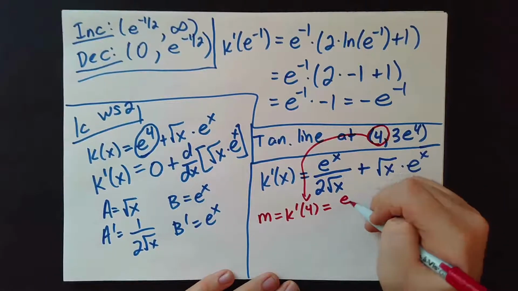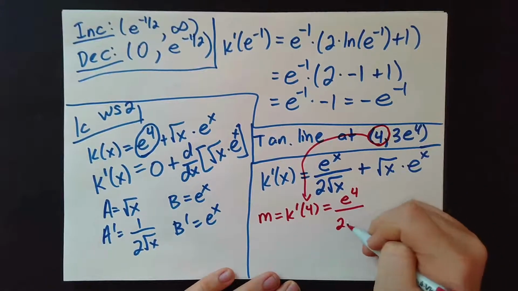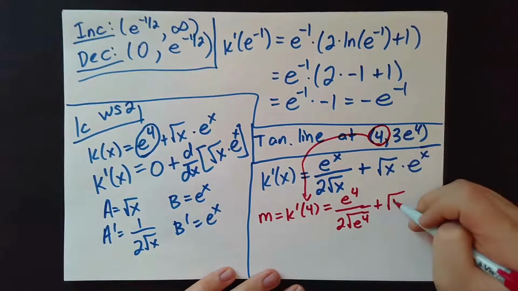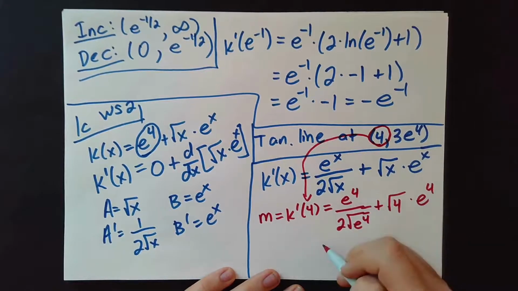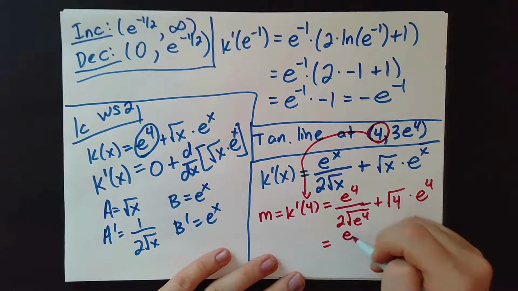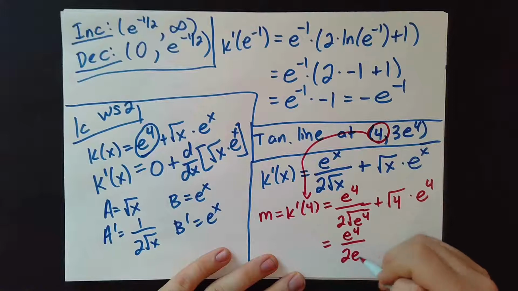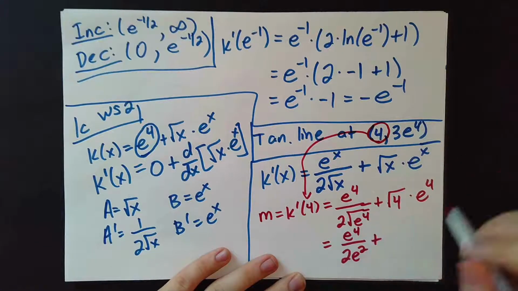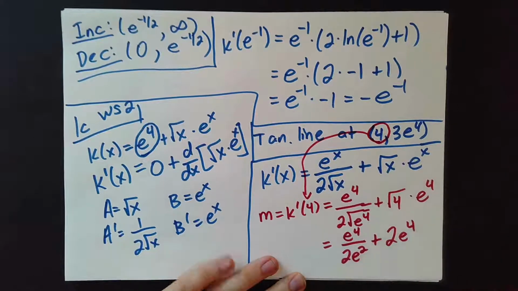Okay, so this is e to the 4th divided by twice the square root of e to the 4th plus the square root of 4 times e to the 4th. Okay, so this is e to the 4th divided by 2e squared plus 2e to the 4th.